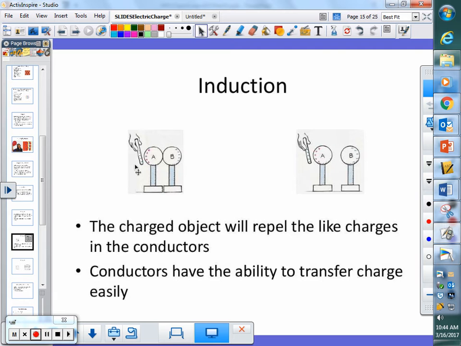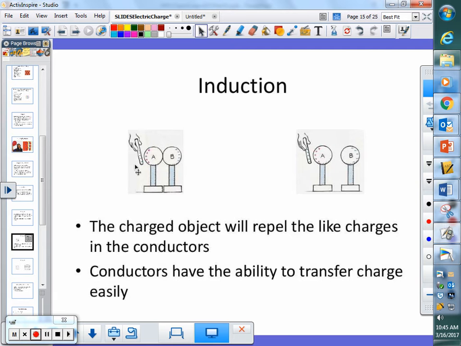So when this hand brings in a negatively charged object close to these two metal spheres, where do the negative charges in the metal sphere tend to move? If the hand is bringing something negative, what do the negatives in the spheres try? They try to move away because of the whole repulsion thing, right?